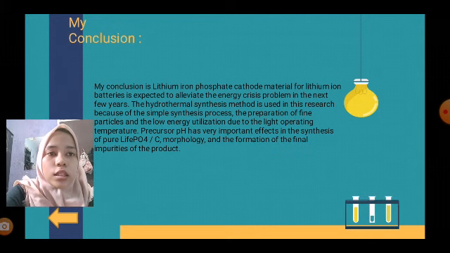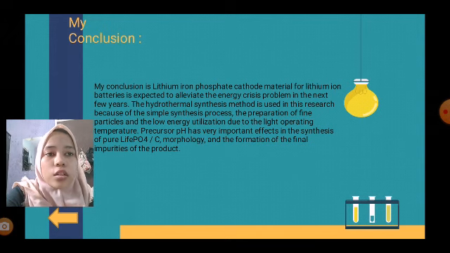The hydrothermal synthesis method is used in this research because of the simple synthesis process, the preparation of fine particles, and the low energy utilization due to the low operating temperature. Precursor pH has a very important effect in the synthesis of pure lithium iron phosphate, its morphology and the formation of the final impurities of the product.